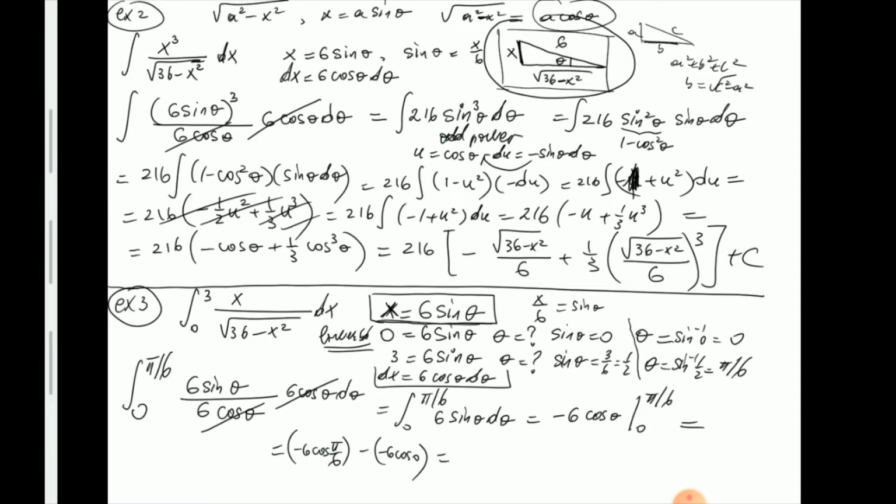Cosine of 30 degrees is root 3 over 2. Cosine of 0 is 1. So that's going to be 6. Actually, we can cancel this by 2. So it's going to be 6 minus 3 square root of 3.